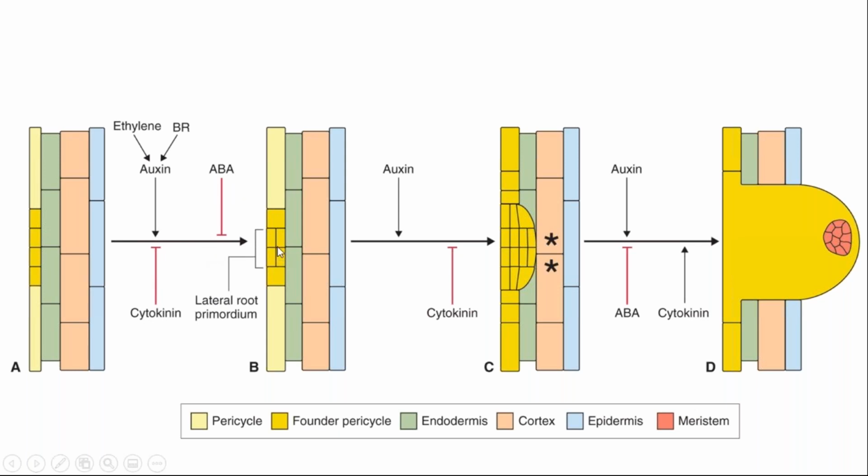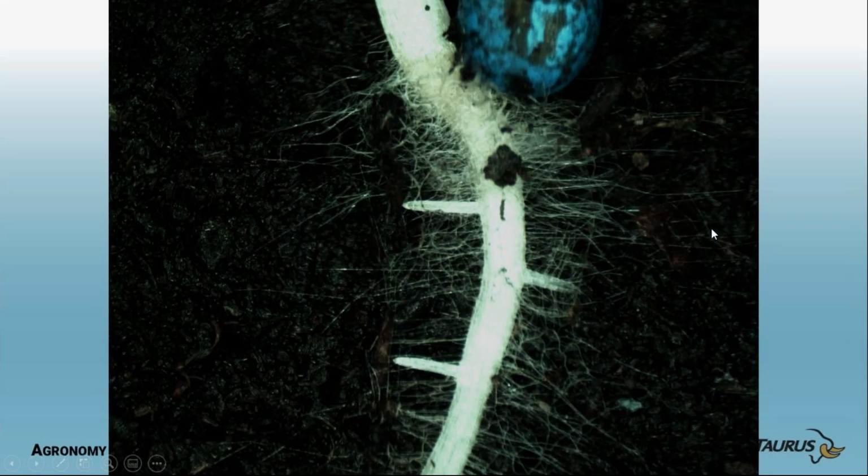So it starts forming and dividing in what they're calling the pericycle, which is true, and then they call them founder cells, I call them stem cells. And then the auxin and cytokinins get developing and bulging out, and then the auxin, ABA, and cytokinin control this formation, and poof, you got a lateral root.